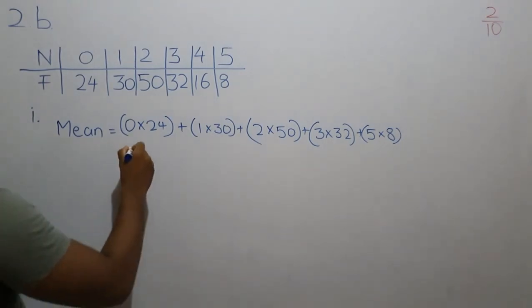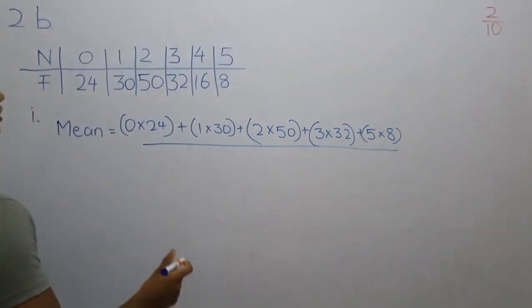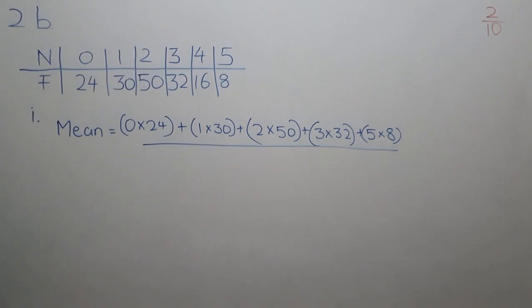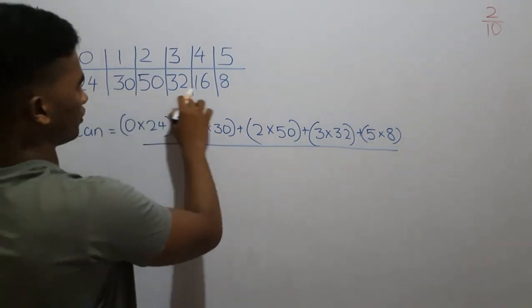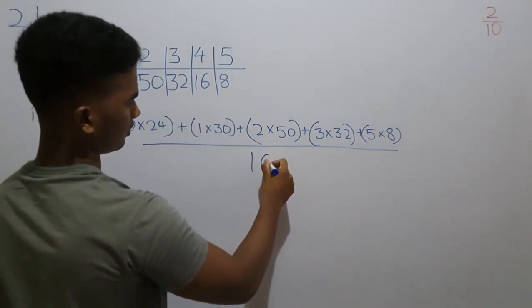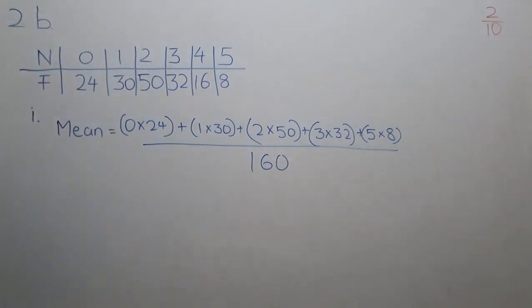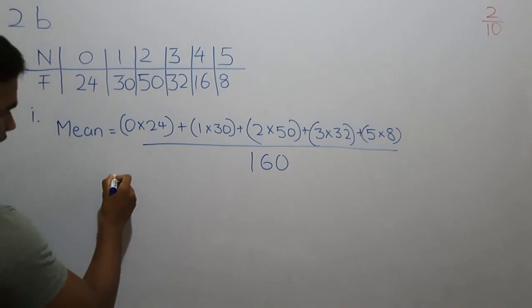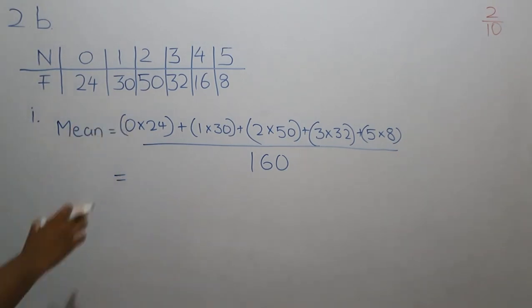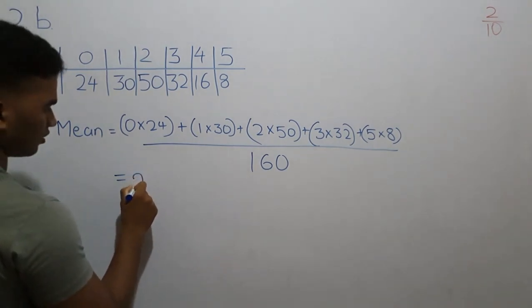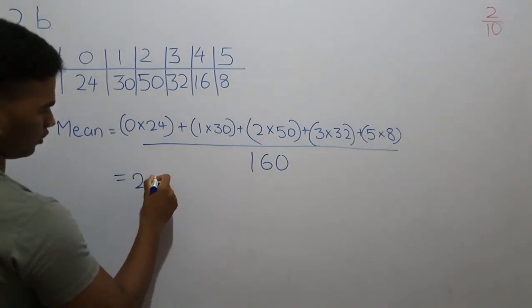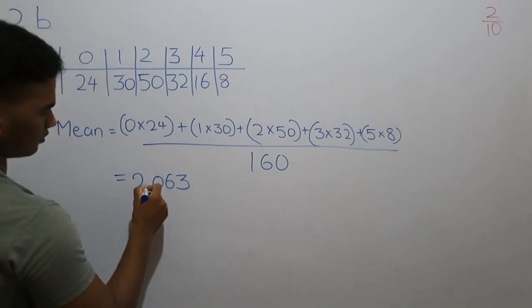Divide the whole thing by the total frequency, which is 160. Addition of everything is 160. So now simplify this. Straight away put it in the calculator, you put in brackets, and you are getting the answer as 2.063.